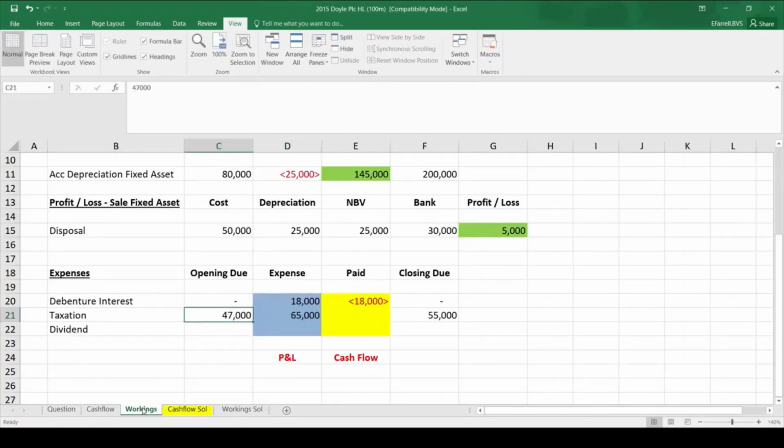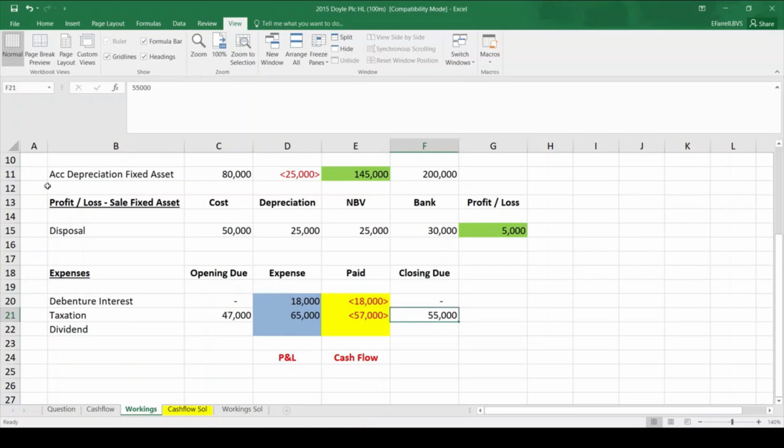So at the start I owed 47 and my charge for the year was 65, which is 112. Then I only owed 55 at the end of the year, so I must have paid the difference. So 47 plus 65. And then I'm just going to take away the 55, which means I must have paid 57,000. And again, because that's a payment, I just put it in as a minus. 47 plus 65 minus the 57 that we paid leaves us with the closing balance in the balance sheet of 55,000.